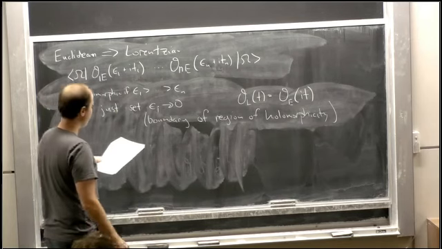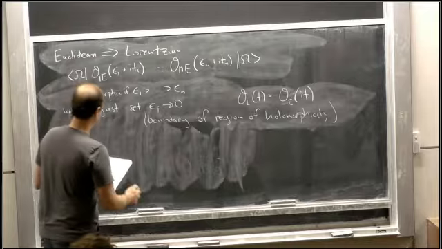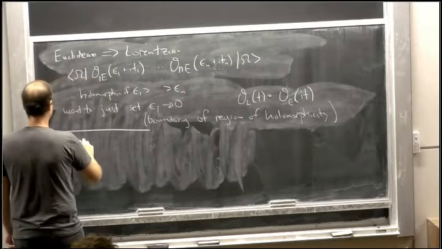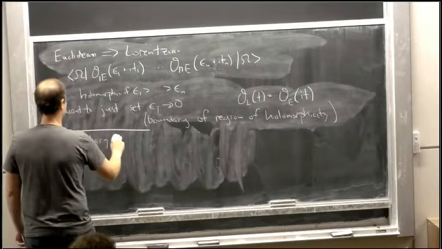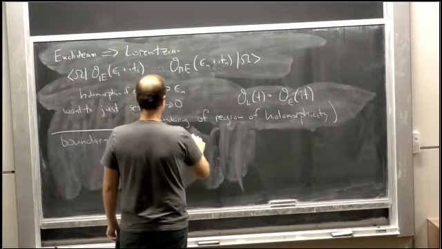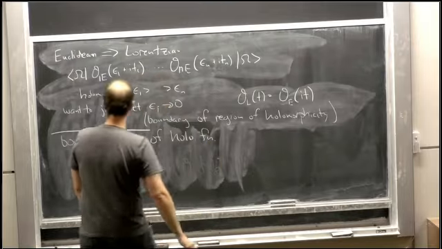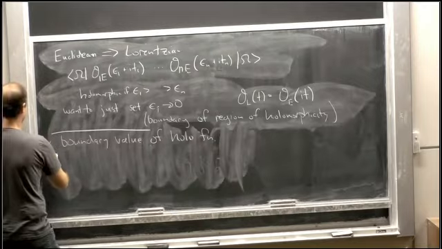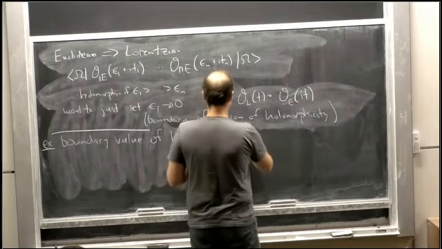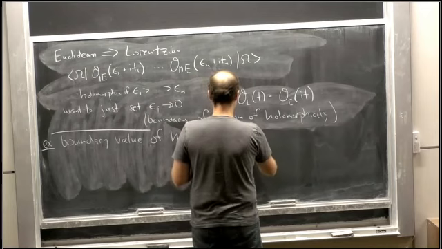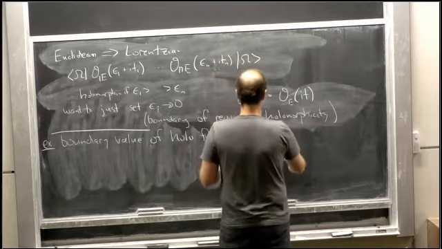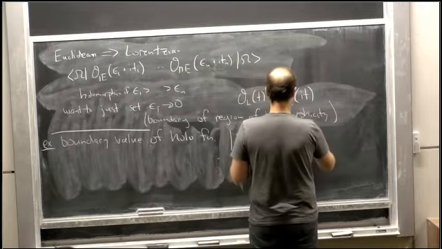Okay, so what we're going to do is think about the boundary value of a holomorphic function in one variable. We'll just do this as an example. And let's assume that as we approach the boundary of the region of holomorphicity, this function has at most a power law divergence.